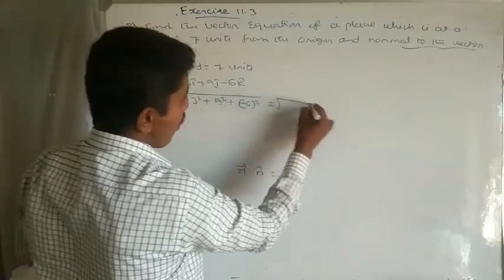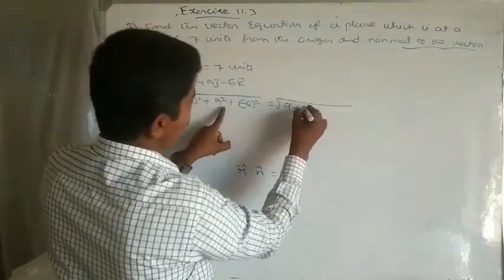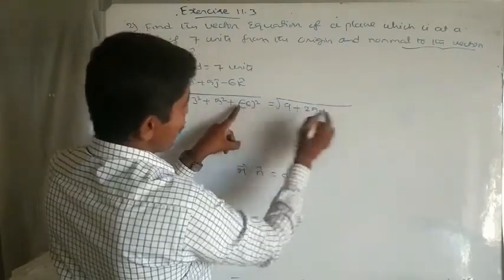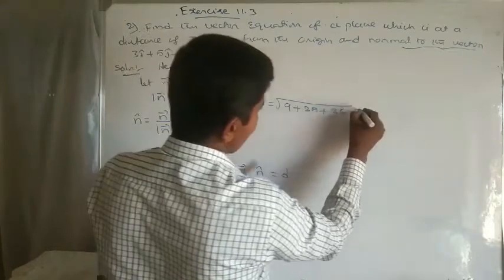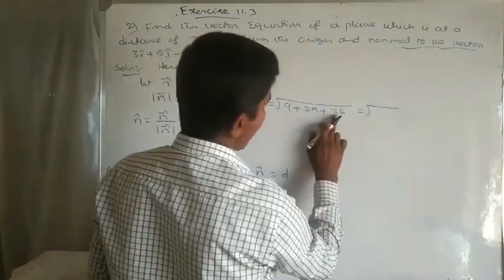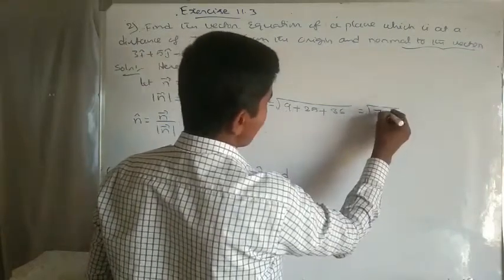This is the square root of 9 plus 25 plus 36, which is the square root of 70.